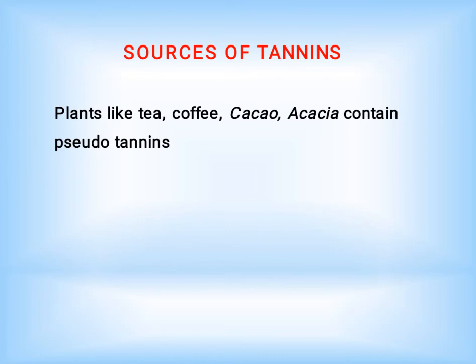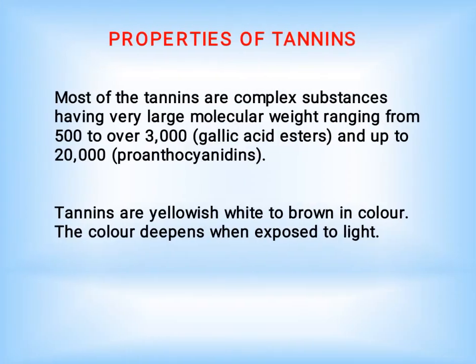Plants such as tea, coffee, coca and acacia contain pseudotannins. Whenever we drink tea or coffee or eat chocolates made from coca, all these plants show the presence of a high amount of tannins. So this is all about sources of tannins.